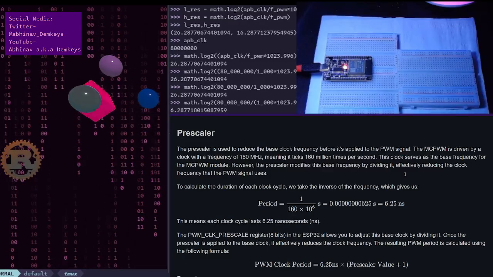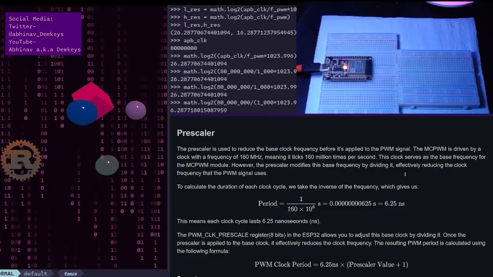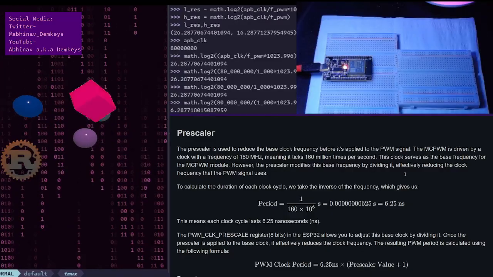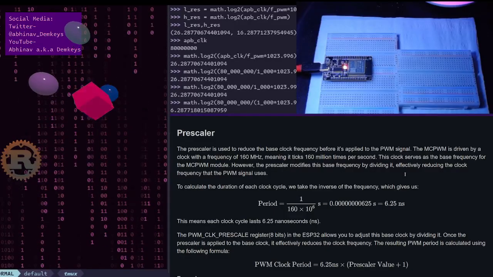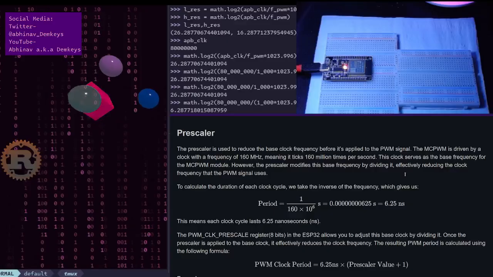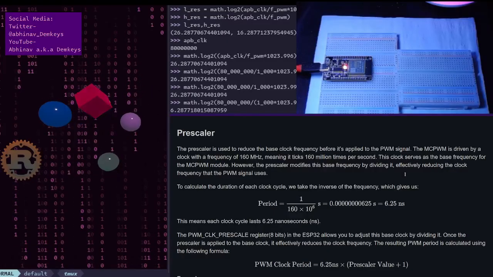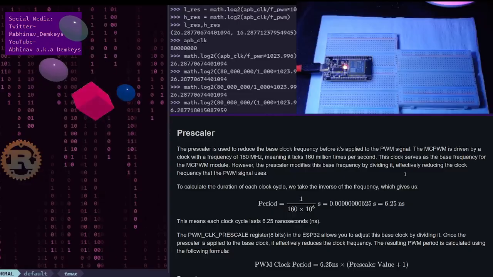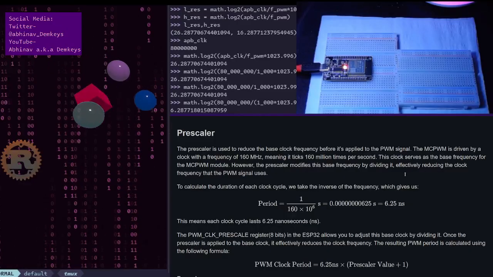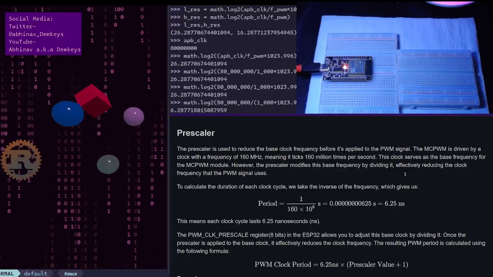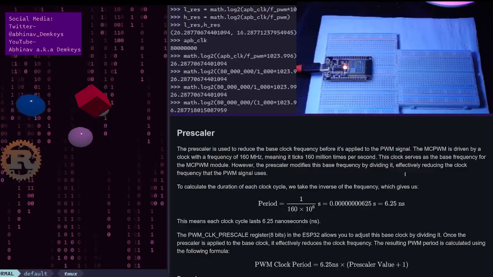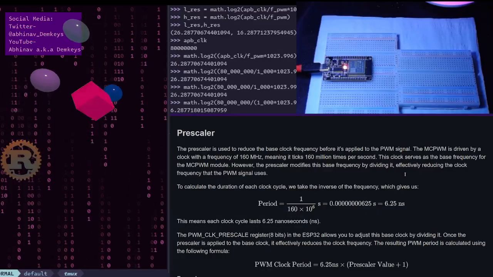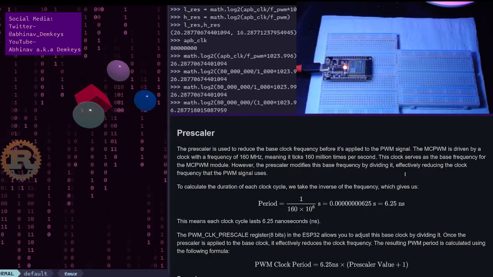This clock serves as the base frequency for the MCPWM module. However, the prescaler modifies this base frequency by dividing it, effectively reducing the clock frequency that the PWM signal uses. To calculate the duration of each clock cycle, we take the inverse of the frequency. Okay, all right.